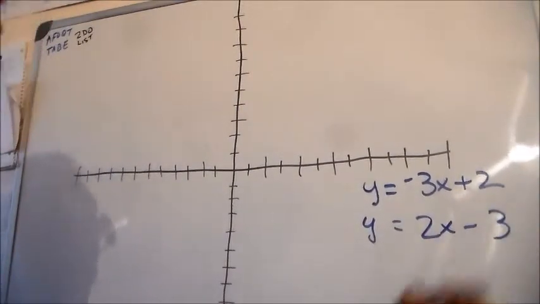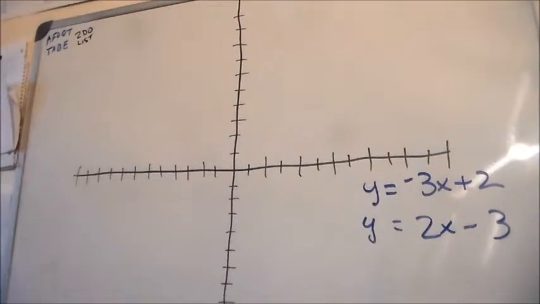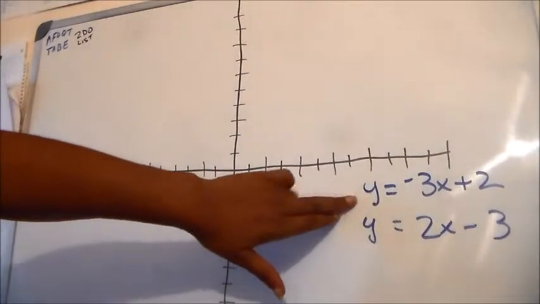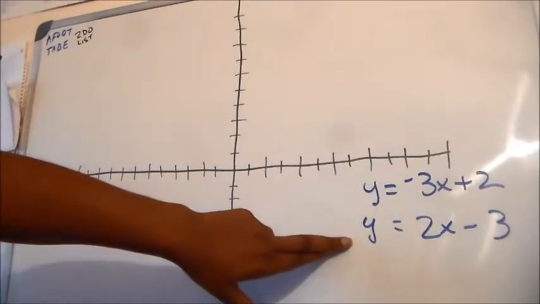Just by looking at those two equations, I could see two things right now, if you understand the slope-intercept formula. This is equation A, and we'll call this equation B.